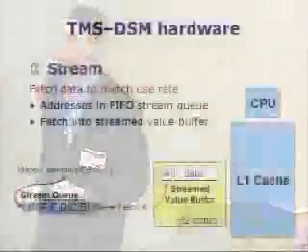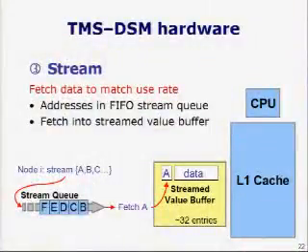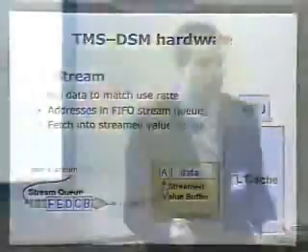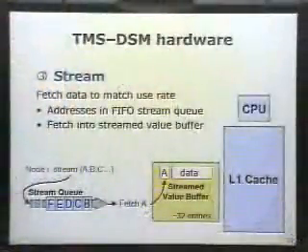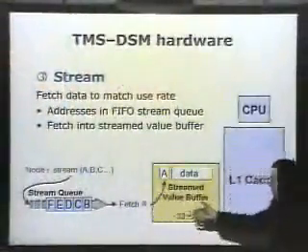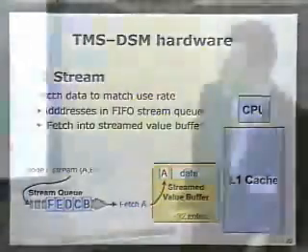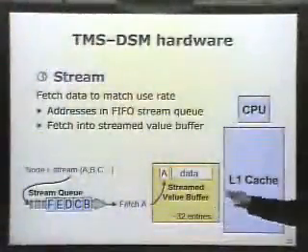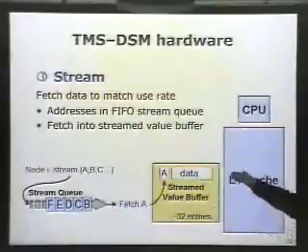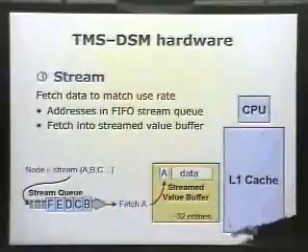Then the third step is the stream step. The idea here is to take advantage of this ordering property so that we can fetch data to match the rate at which the processor is going to consume it. We have a sequence of addresses that arrives. We'll put that in some kind of queue, and now we'll fetch data from that queue into this buffer on the side next to L1, which avoids the pollution issue, and we can keep up with the CPU by setting a high watermark in this buffer.